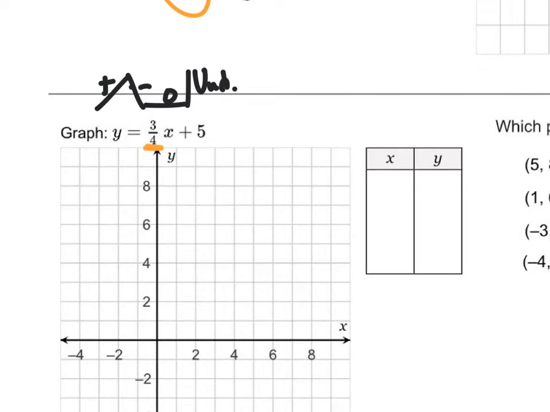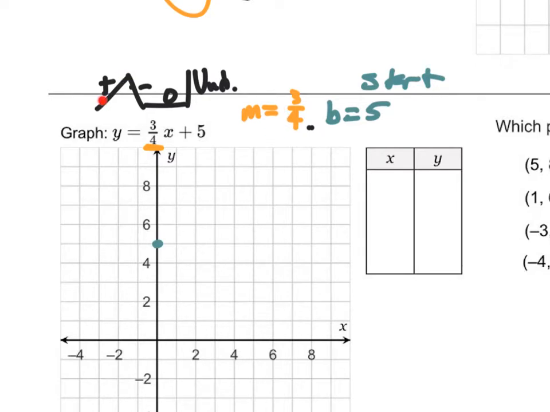My slope here is the number in front of the x, so my slope m is equal to 3/4. My y-intercept b has a value of 5, okay? So my b value is 5. Remember, this is where I start, okay? So I'm going to go to 5 and plot my first point, and then I'm going to use my slope, and my slope is positive, okay?